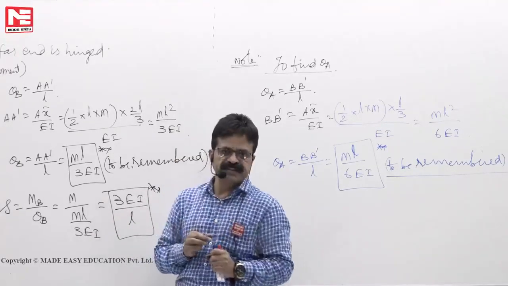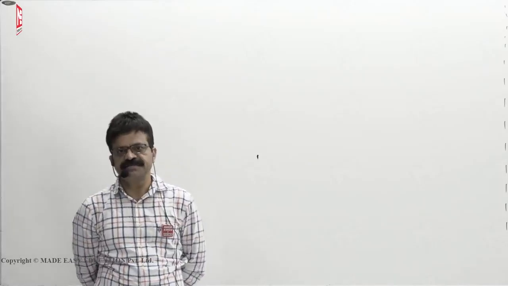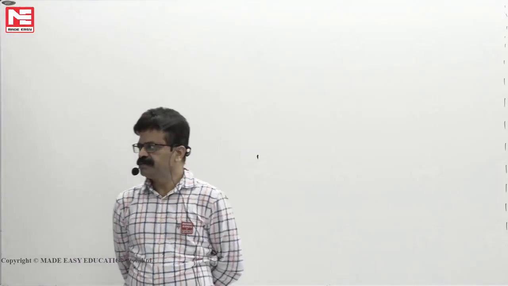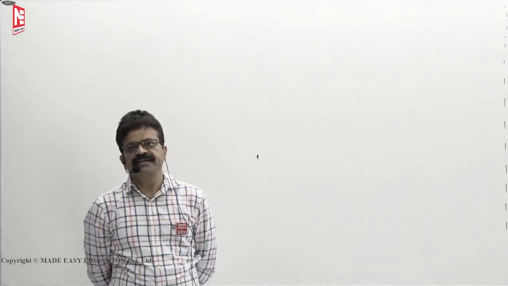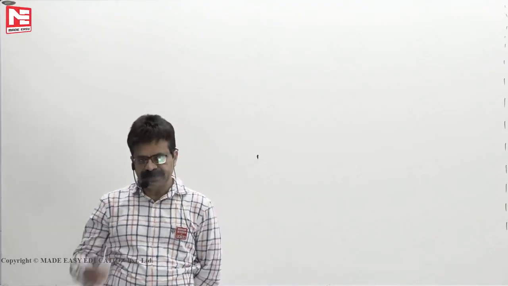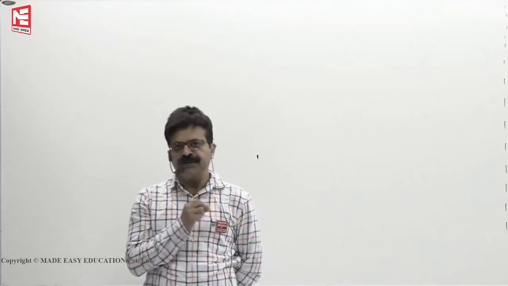moment distribution method. Okay. Now we have discussed till now 6 concepts: carryover moment, carryover factor, then stiffness factor, relative stiffness, distribution factor, and moment area method. And using moment area method, how to find the carryover moment?